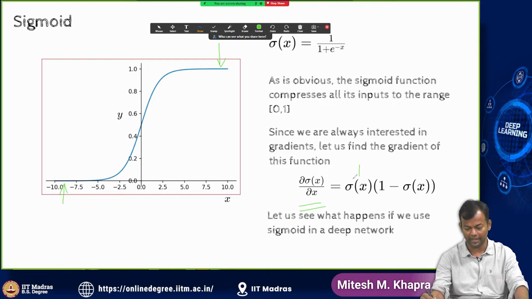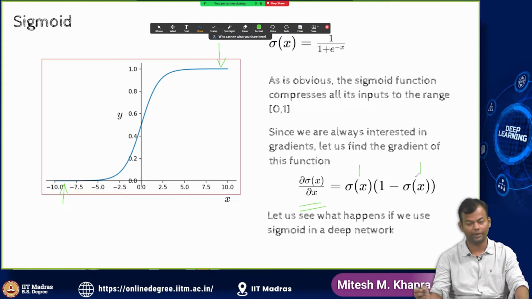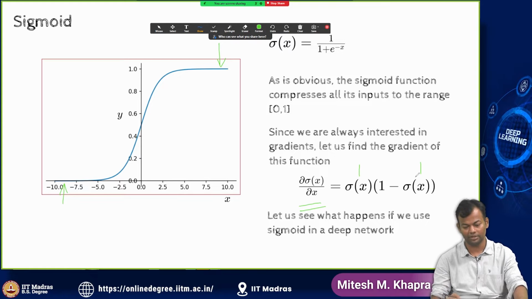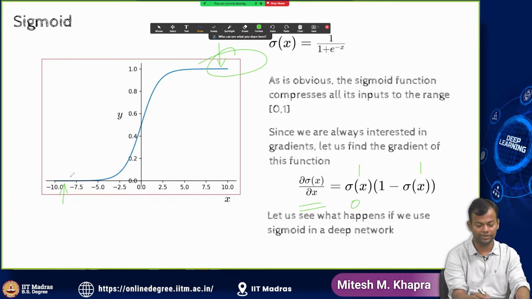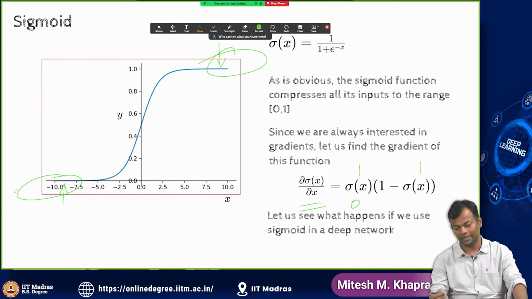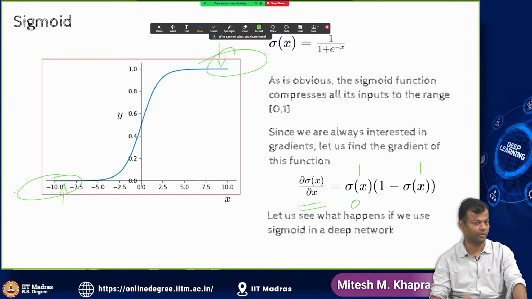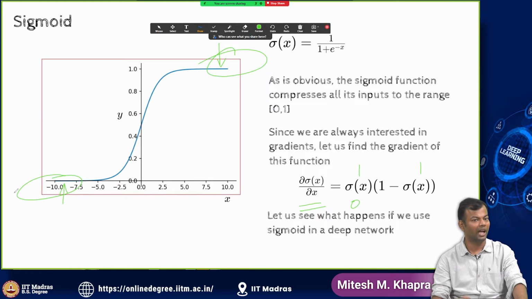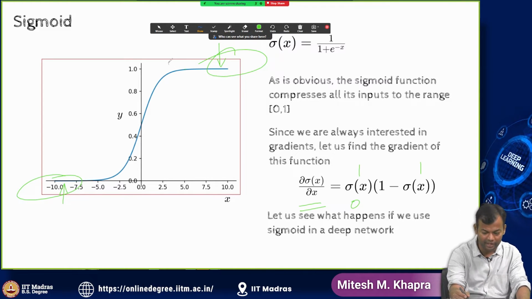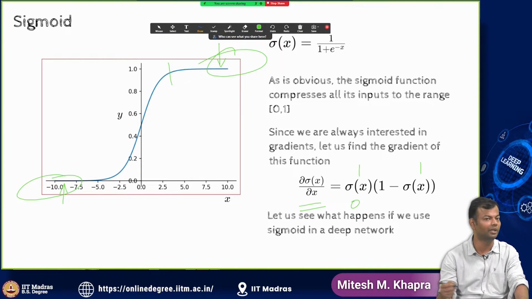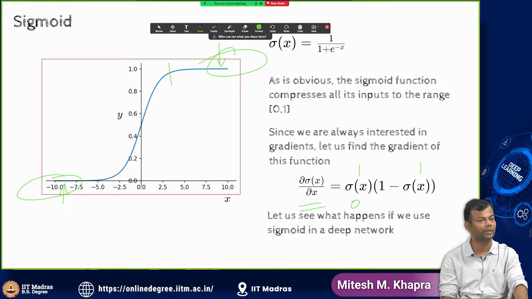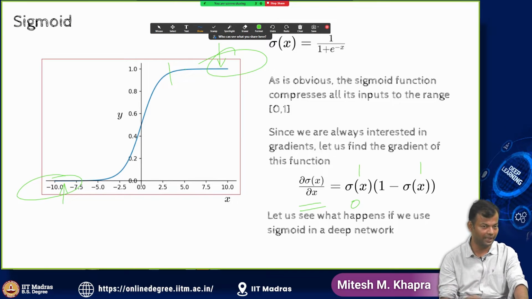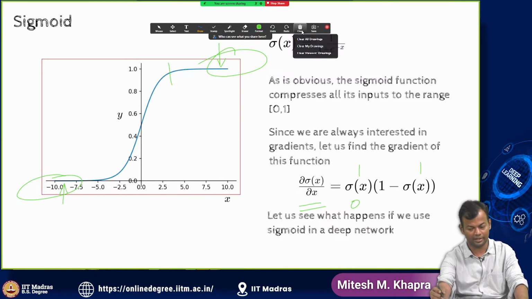If I put sigma x equal to 1, then I get 1 into 1 minus 1, so the gradient will vanish. If I put sigma x equal to 0, then 0 into anything is 0. So the gradient vanishes, and we know that if the gradient vanishes or is very small, that is a problem in gradient based learning methods, because the updates will not be high. So that's where this discussion is headed.